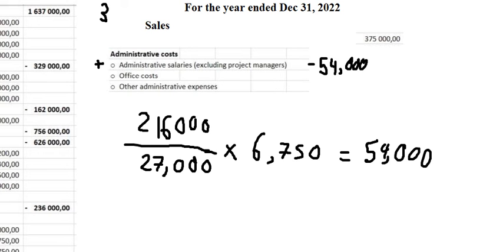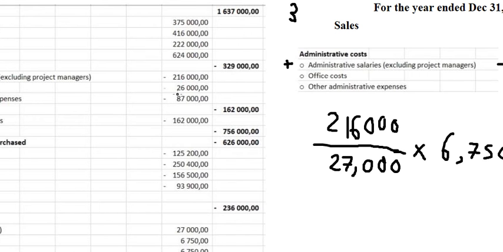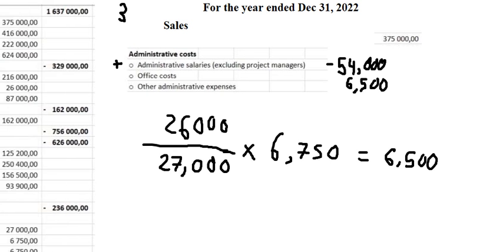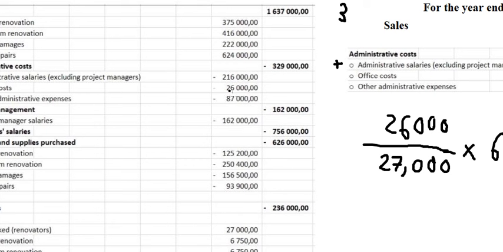Now we do the same technique for office cost. So we put 26,000 here. And this one we calculate, and we have 6,500. So we put this one in here. And the next one, we use 87,000 here.